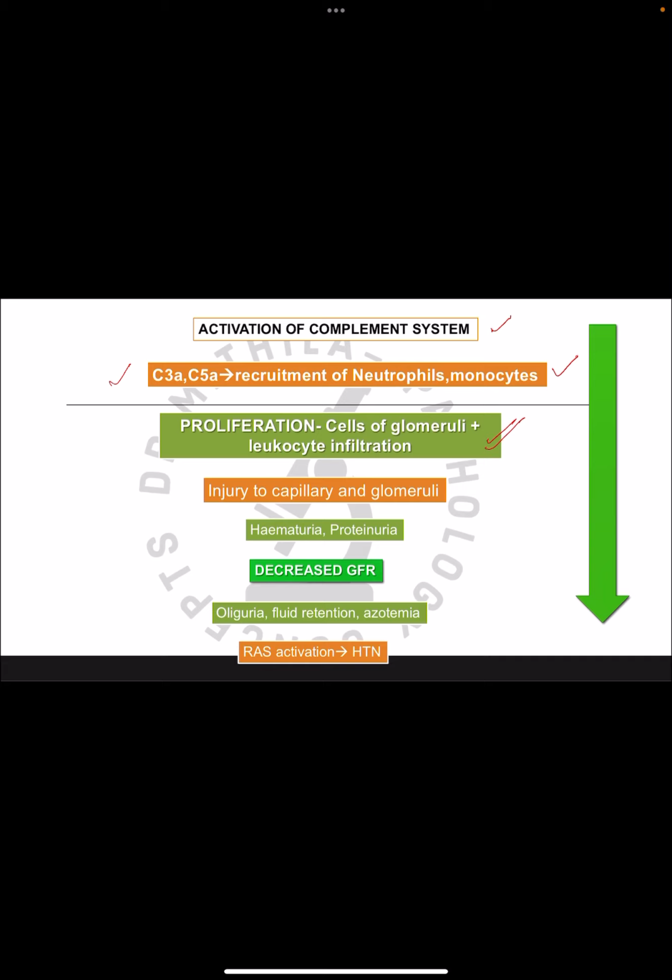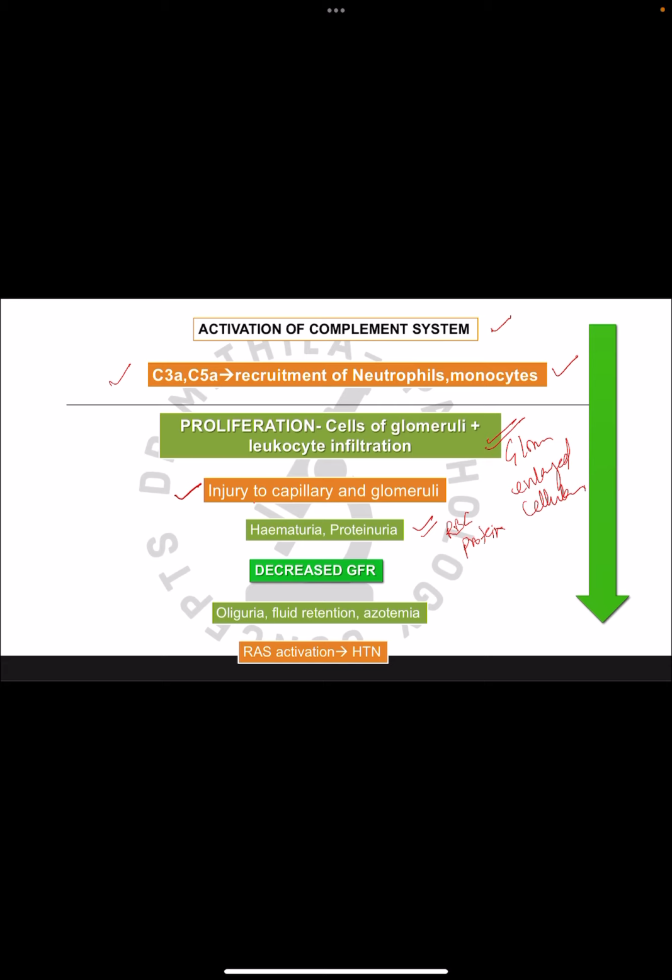Because of this, the glomeruli will be enlarged and cellular. Then there is injury to the capillary and glomeruli, as I told you. Then there will be damage to the glomerular filtration barrier, leading to hematuria and proteinuria. So RBCs and proteins will be filtered out in the urine.